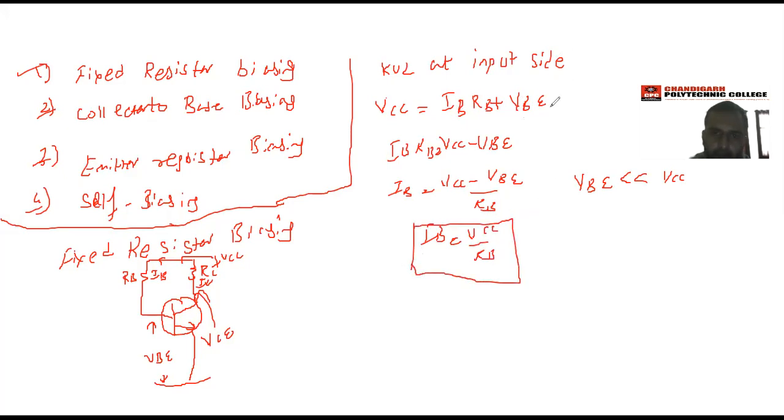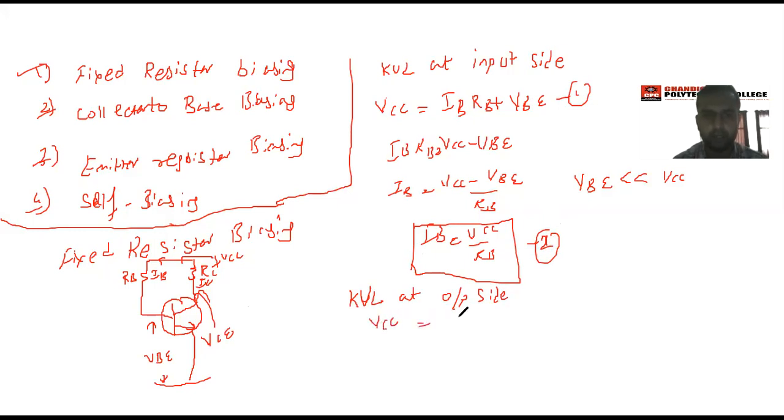This is your first equation, and this is your second equation. Now apply KVL at output side. So VCC is equal to IC RC plus VCE.